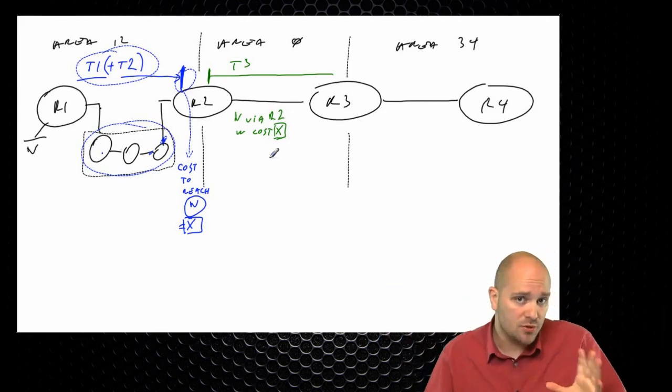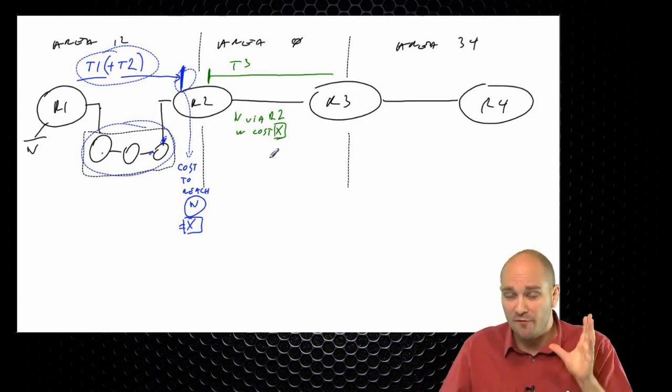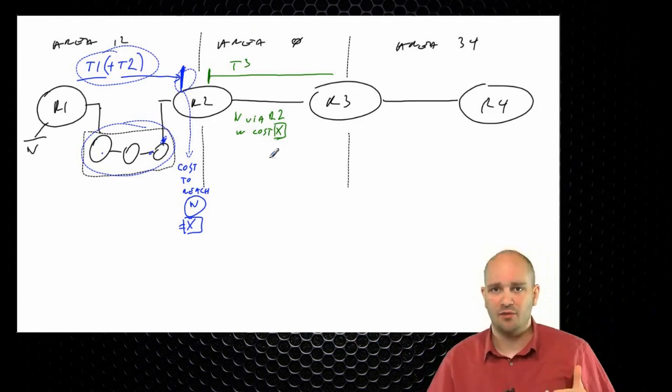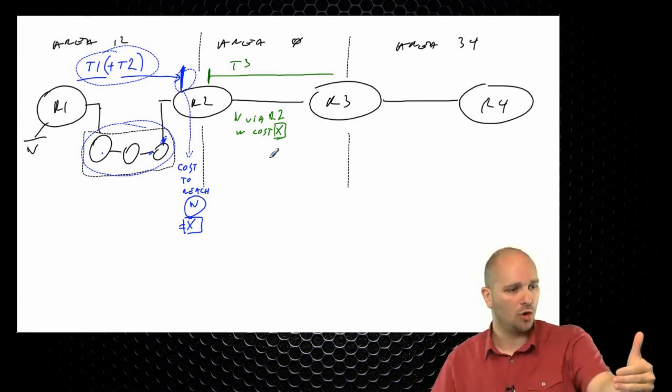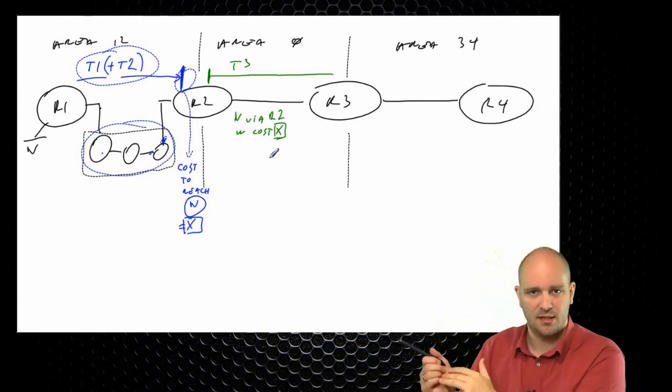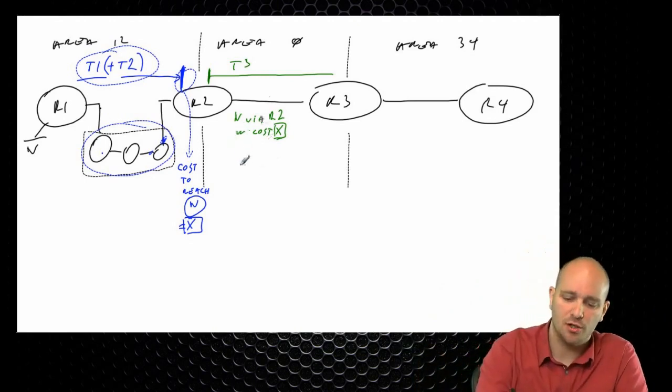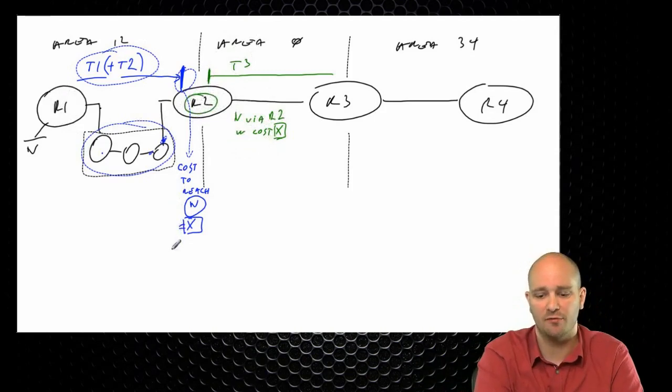Now, this is what I was mentioning, that this is a very, very distance vector-like behavior. We have the route in a routing table. This is our cost to reach it. We are going to advertise this to our neighbors. Now, an important thing to notice here is that the originating router of this information is no longer R1, it is R2. So R2 generates this information.